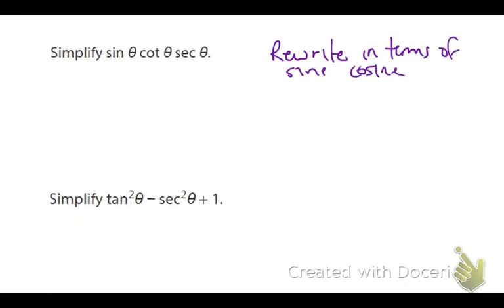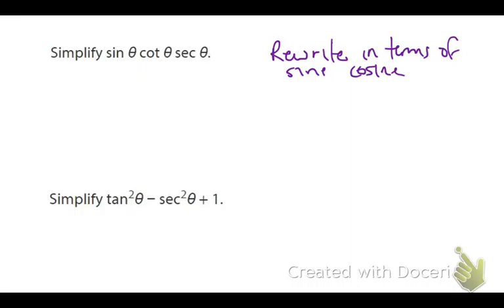Okay, so I have sine theta times cotangent theta times secant theta. I want to rewrite this whole thing in terms of sine and cosine. So what would that leave me with?